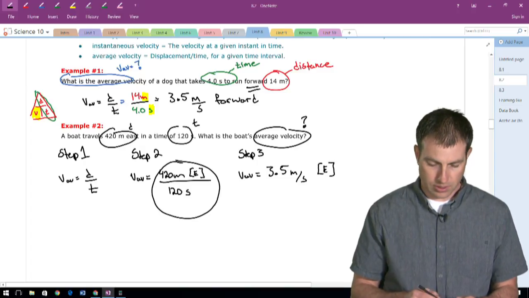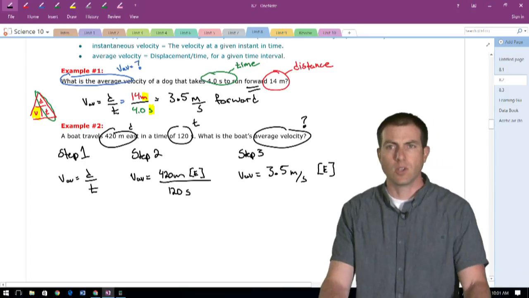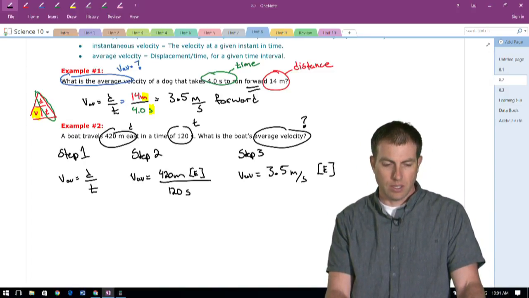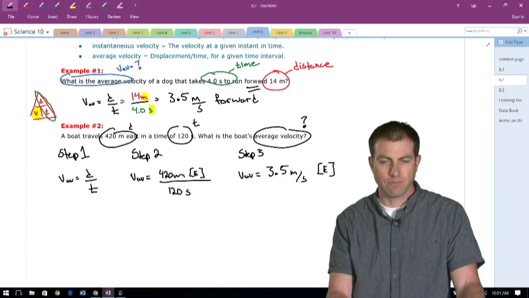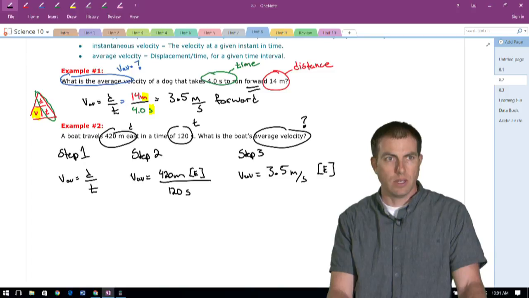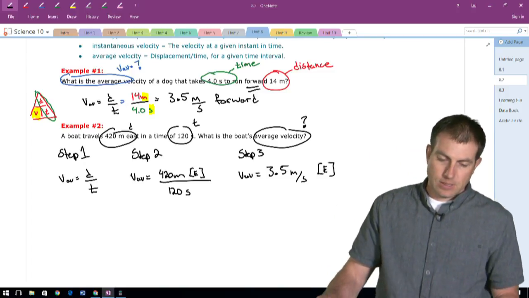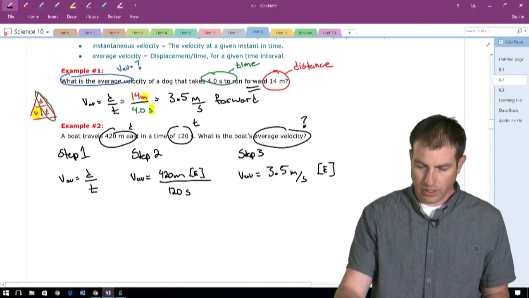That's not going to get you full marks. It's a good habit to get into, to do them in these 3 steps. Anybody have any questions there? Is that okay?